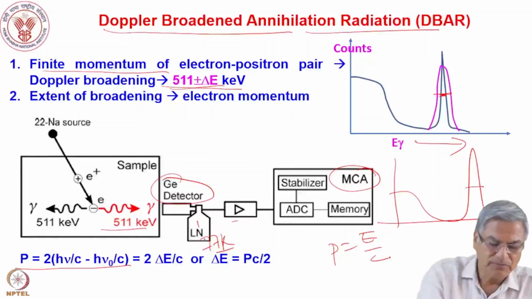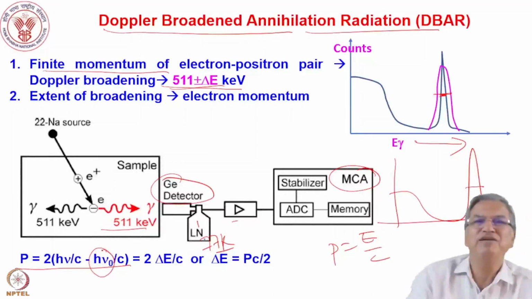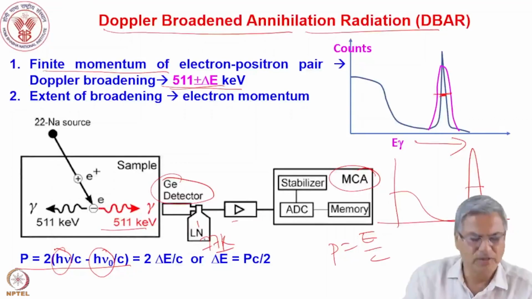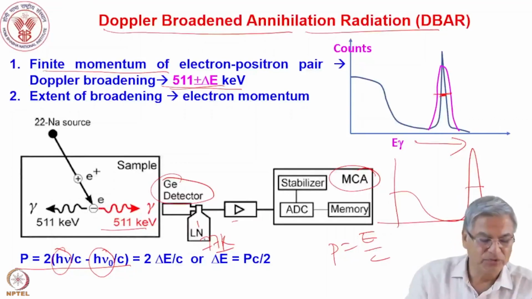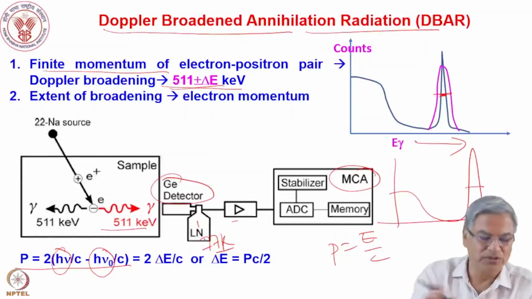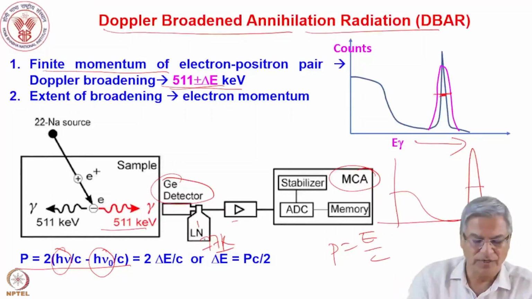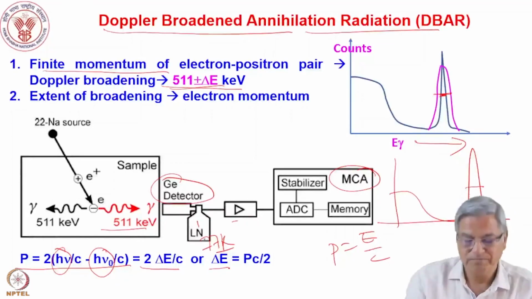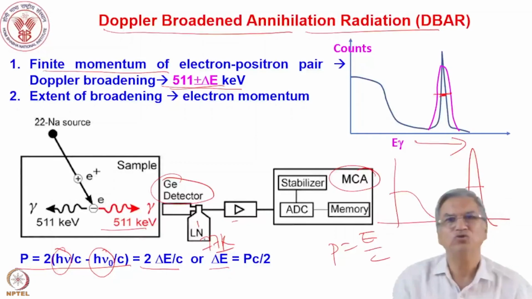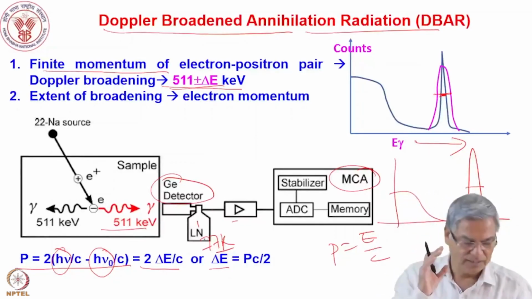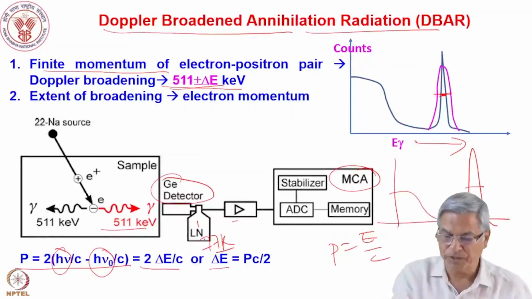And so if h nu 0 was the 511 keV and h nu is the Doppler broadened, then you have h nu 0 by c minus h nu by c, which is 2 delta E. So it is delta E, plus or minus, so 2 delta E. So 2 delta E by c is P, and so the broadening is Pc upon 2. So you can determine from the broadening the momentum of the electron. That is the methodology for Doppler.